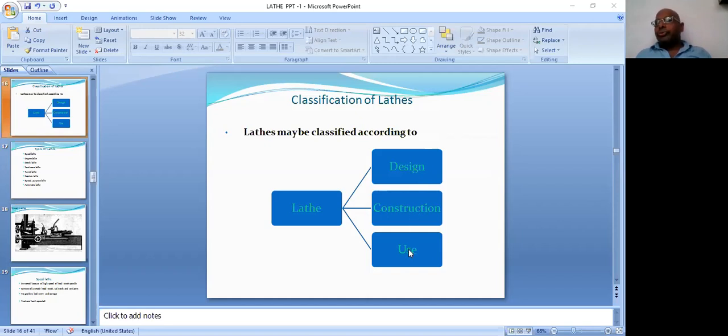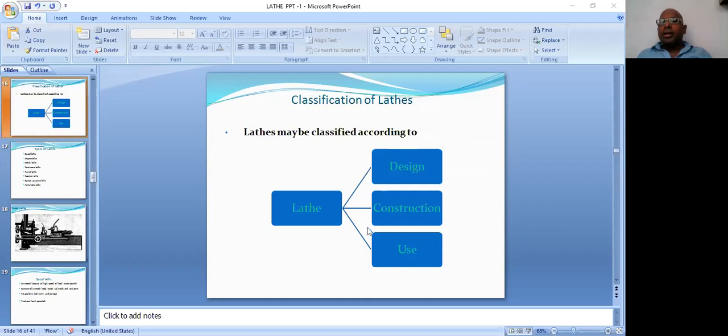And next, use. We have special purpose lathe machines. Some lathe machines are used only for copying purposes, that means simply to produce similar components. Some are used only for thread cutting processes. They are used for a particular specific application, so those lathe machines are called special purpose lathe machines.